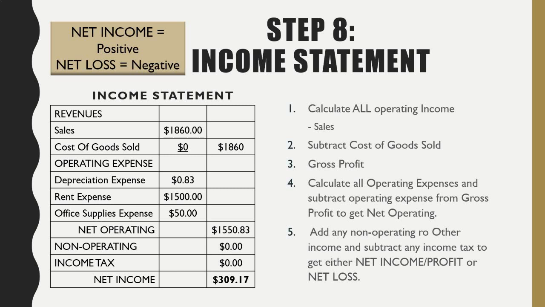Because at the end of the day, this is going to determine whether the amount of money that we've earned ended up being more than what we spent to operate our business.